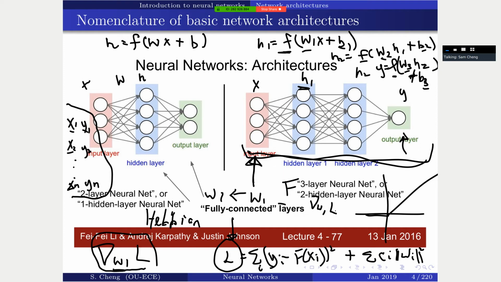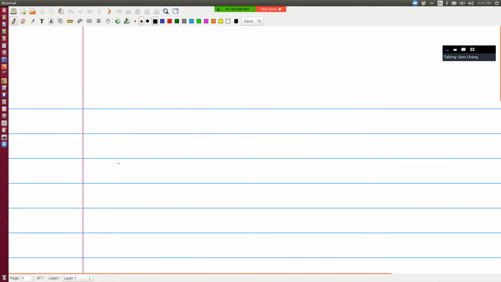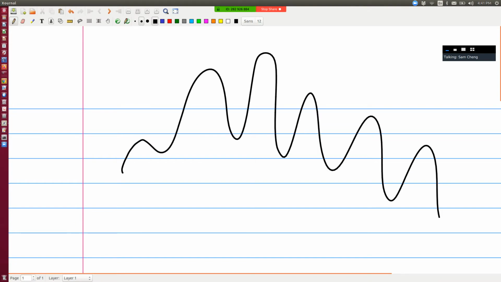But of course, in general, L is highly non-convex, right? If I sketch this function in 1D, maybe something like this. If I am here, then I will go down here, which is okay, but I don't want to go down too much.